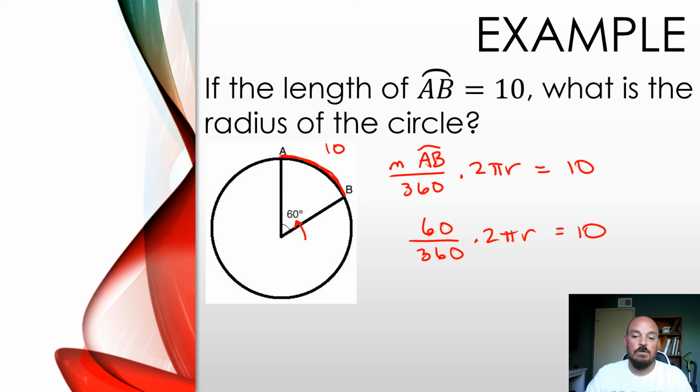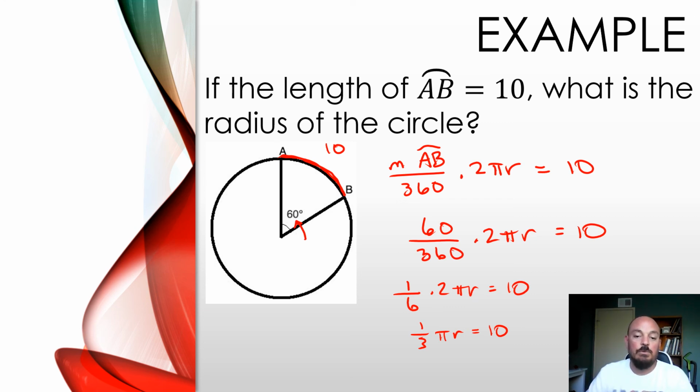So let's reduce first. 60 over 360 reduces nicely. That's 1/6. And if I multiply 1/6 times 2, I get 1/3. So what I have is 1/3 pi r equals 10. I just did a little bit of simplifying.